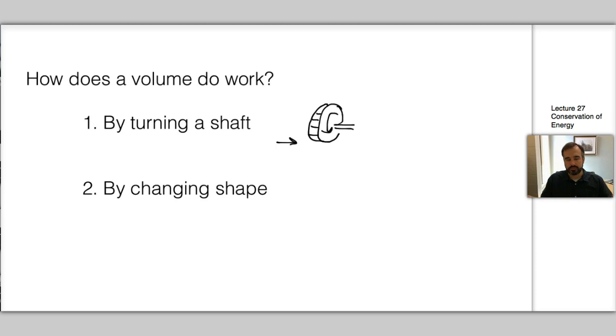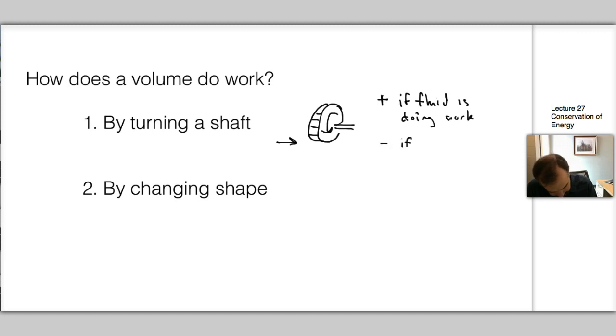If you ever see a water wheel when you're driving through the countryside, then you're seeing a fluid doing work. This work is positive if the fluid is doing work, and is negative if the shaft is doing work.